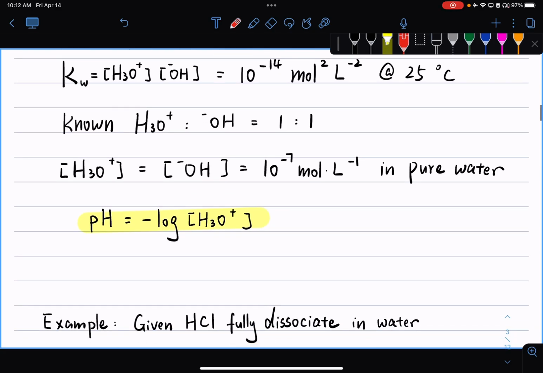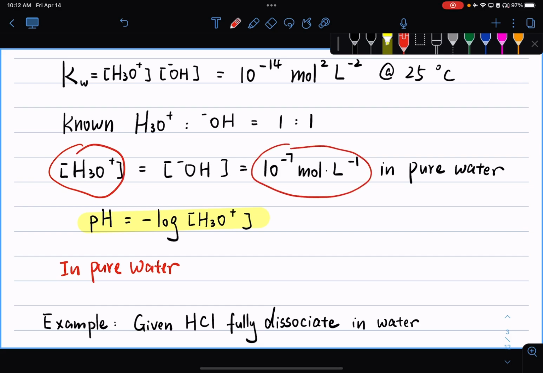So if we're talking about pure water, we know that H3O plus has a concentration of 10 to the negative 7. So naturally, pH equals negative log of 10 to the negative 7, which gives you the value of 7. That's why we say 7 is our neutral pH. That's the pH of pure water.